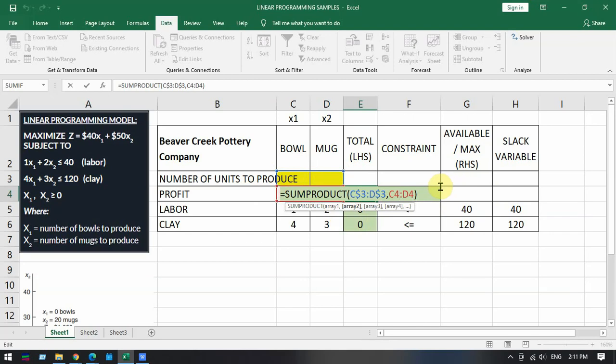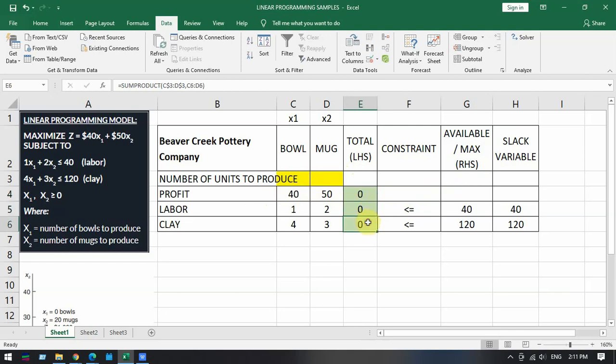We don't have to type in plus, plus, plus. So you just use SUMPRODUCT, and then the first multiplier, set or array 1, and then comma, and then the second set of items or cells that you need to multiply. So we should be able to get the same number here.